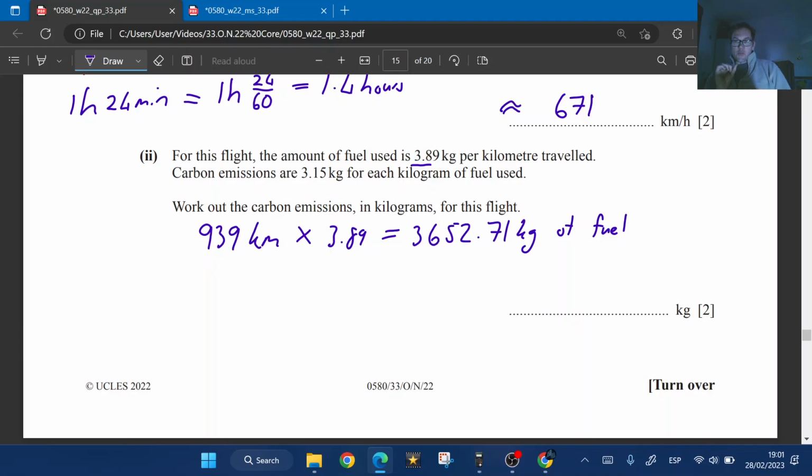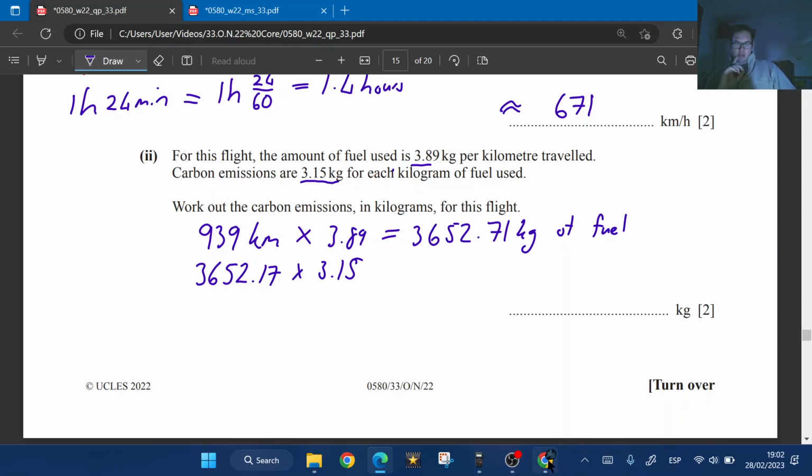Carbon emissions is 3.15 kilograms for each kilogram of fuel used. So for each 1 kilogram, now we need to multiply this. 3652.71 times 3.15. It's a lot of carbon emissions.